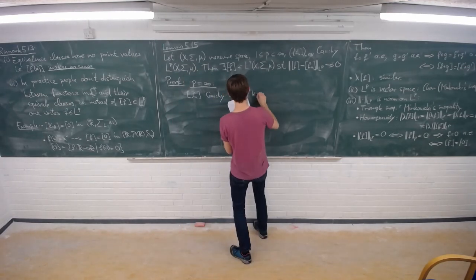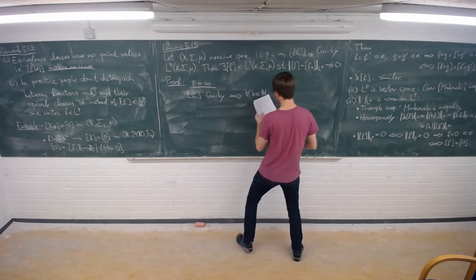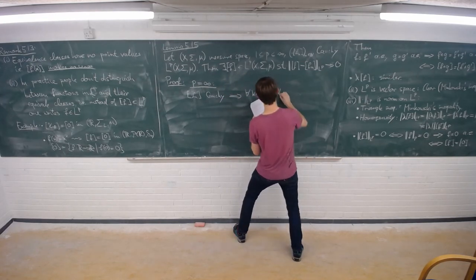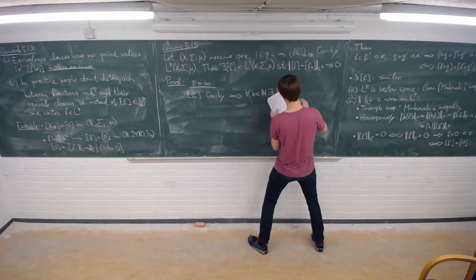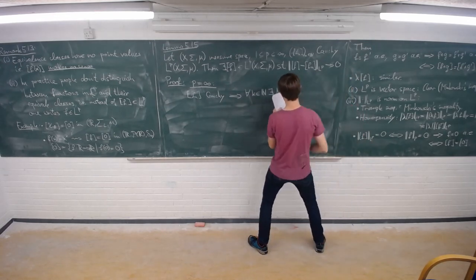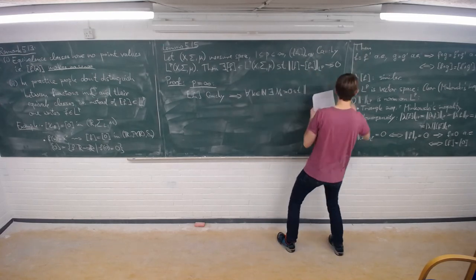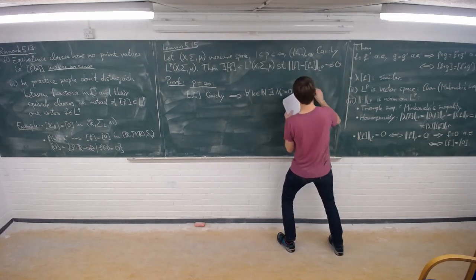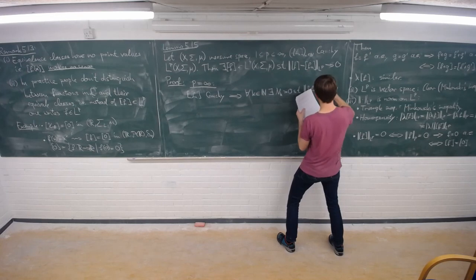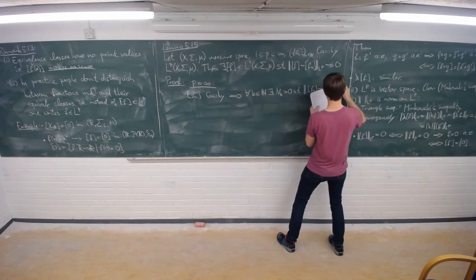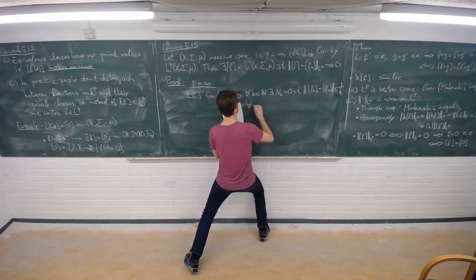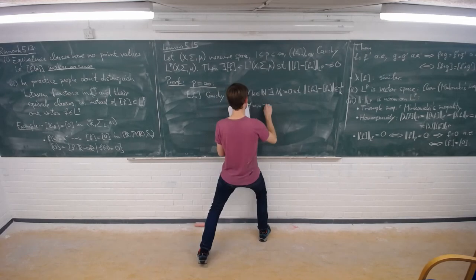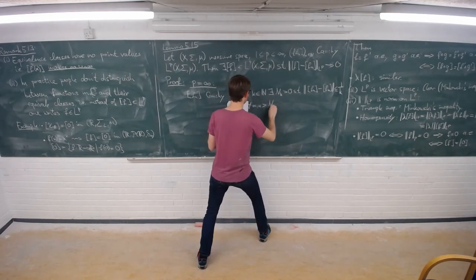For every k in N, there exists a number Nk such that the norm of Fn minus Fm is less than 1 over k for every m, n larger than Nk.